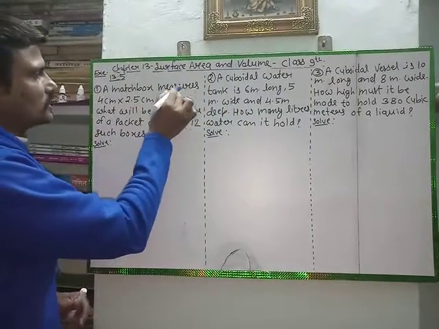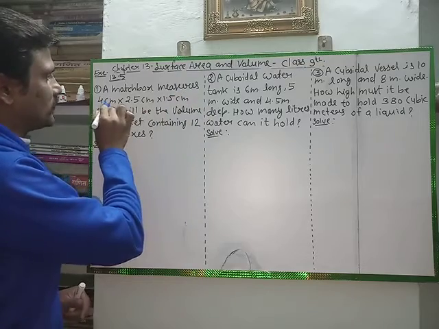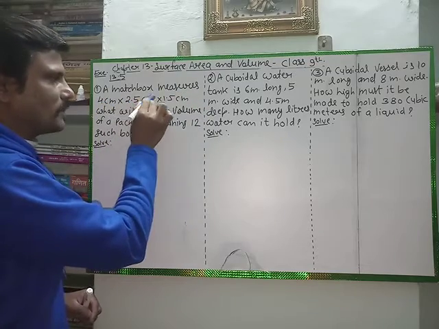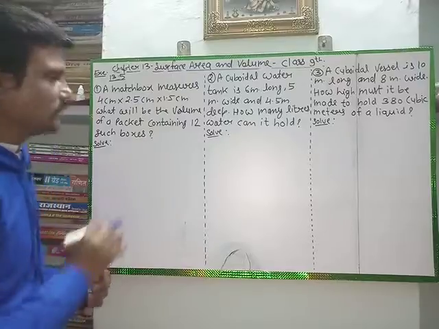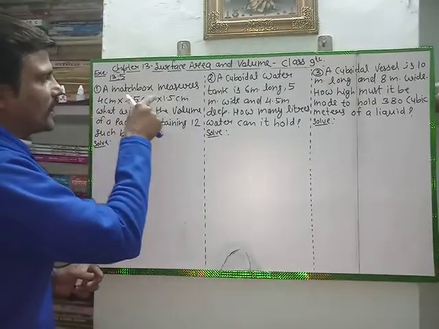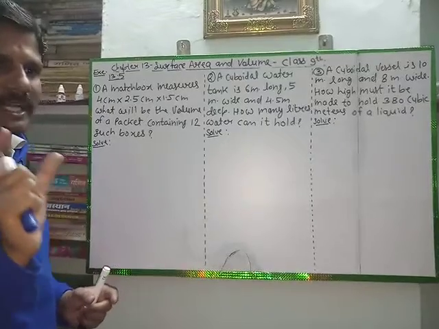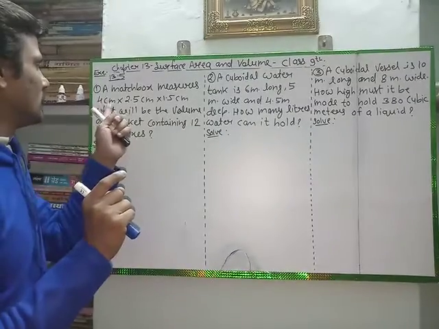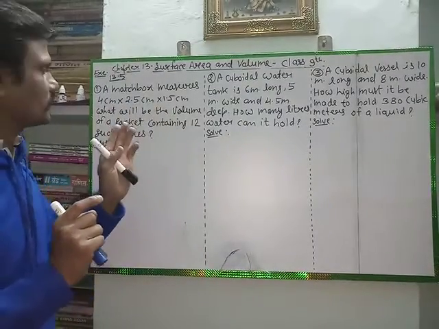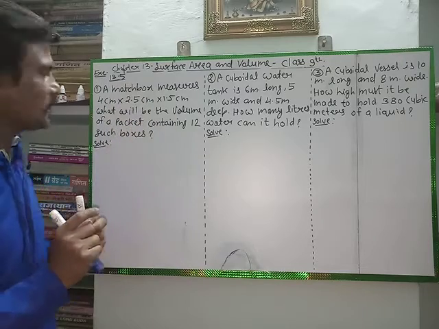A matchbox measures 4 centimeter multiply with 2.5 centimeter multiply with 1.5 centimeter, means length, breadth and height of a matchbox is given.